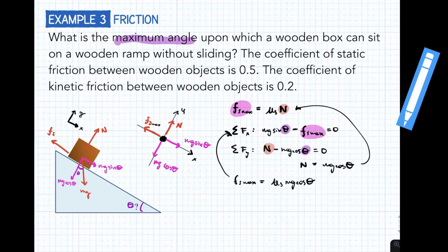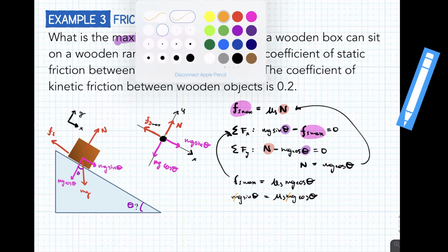Rewriting this equation, mg sine theta is equal to Fs max, but that's mu s mg cosine theta. The nice thing about that is, remember, we had this 4th unknown, which is mass, but that's going to cancel. So we're going to cancel out mass. And then we'll solve this for angle.